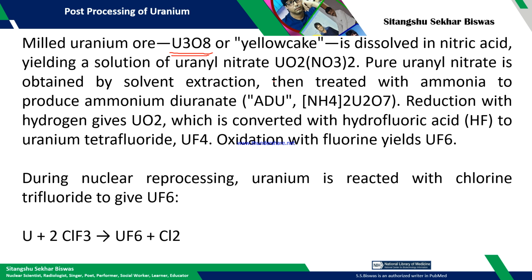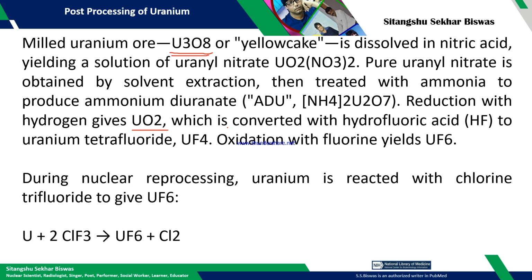Then it is treated with ammonia, and this uranyl nitrate is converted to ammonium diuranate, which is (NH4)2U2O7. Then the reduction is done, and this will be converted to uranium dioxide.